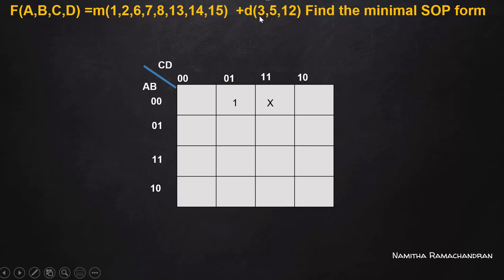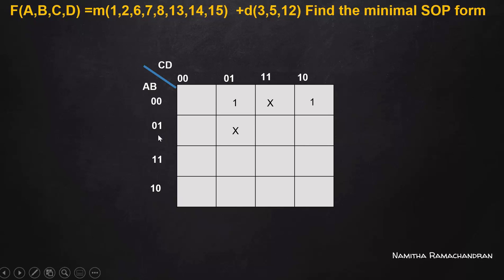This 3 indicates a don't care, so mark a cross here. Next is 0 0 1 0, this is minterm 2, so mark 1 here. Similarly, here 0 1 0 1, that is 5. 5 again is a don't care, so mark a cross here.